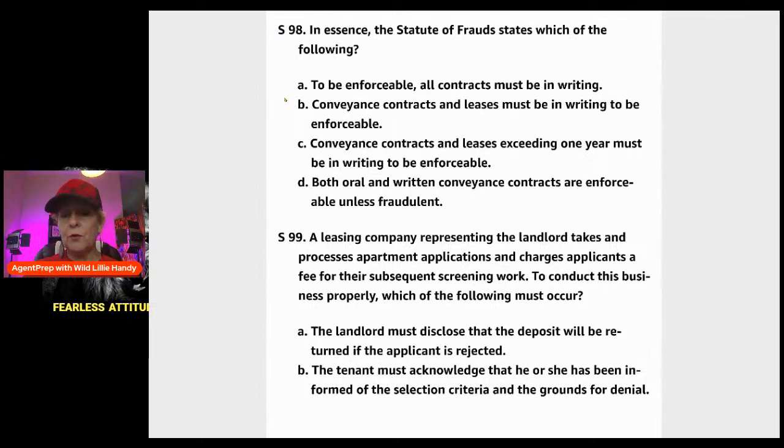A, to be enforceable, all contracts must be in writing. B, conveyance contracts and leases must be in writing to be enforceable. C, conveyance contracts and leases exceeding 1 year must be in writing to be enforceable. D, both oral and written conveyance contracts are enforceable unless fraudulent. Type your answer in the chat.